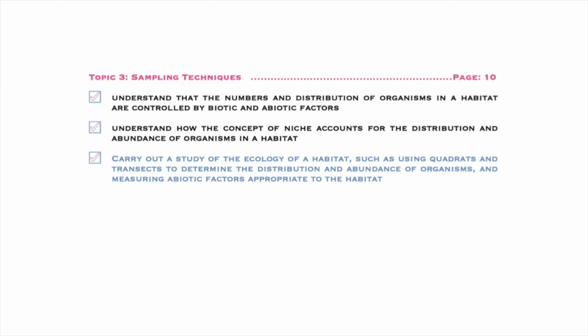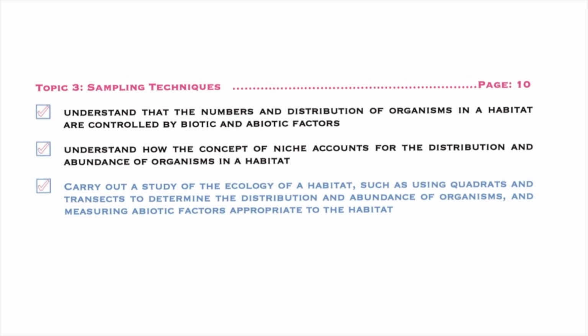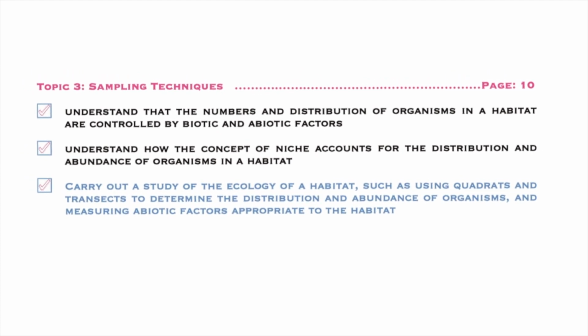We're now getting to topic number 3. This one talks about sampling techniques. Here we're going to be talking about how we study habitats. How would we determine the population size of particular species within the habitat?